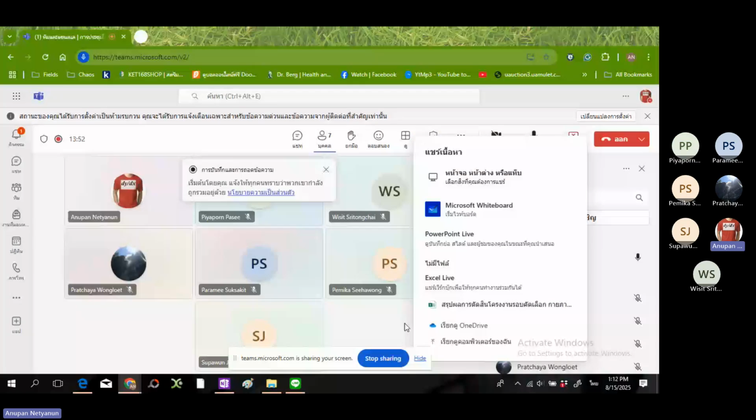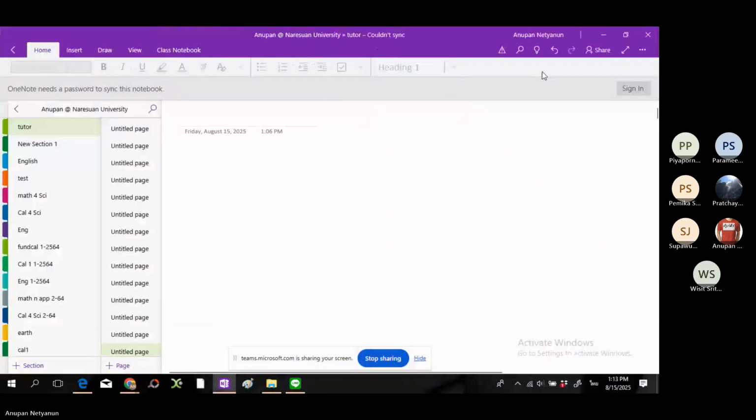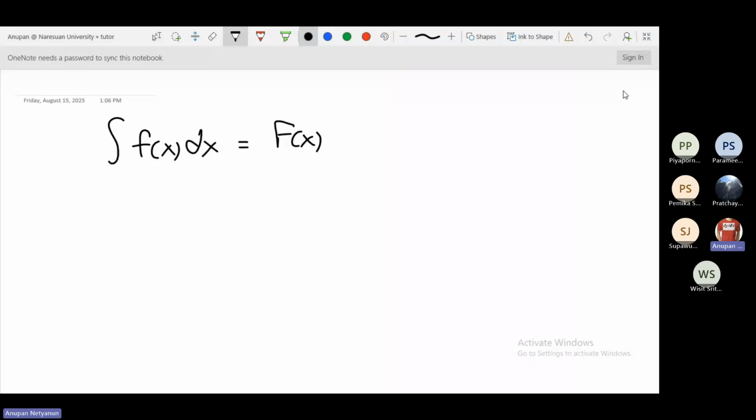Okay, we will continue from last time. Last time I told you how to find the indefinite integral of f(x) dx, and it's equal to something that, when you take the derivative, is equal to small f(x).